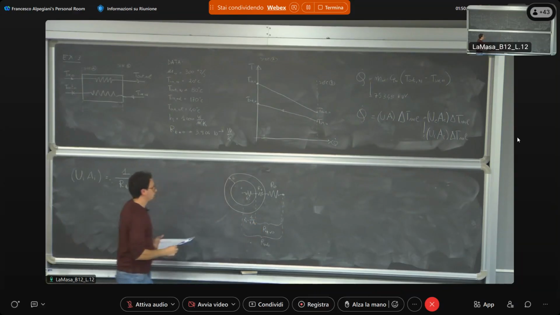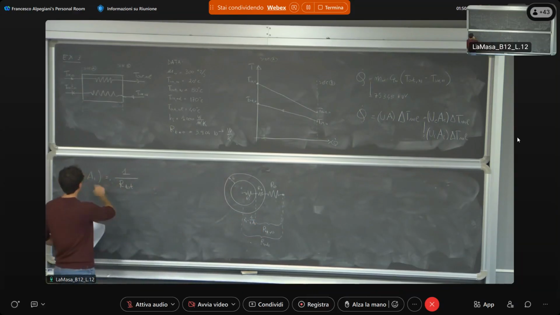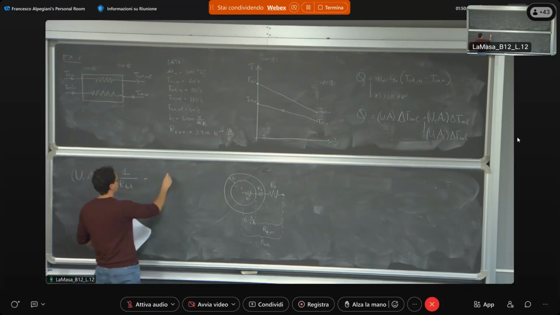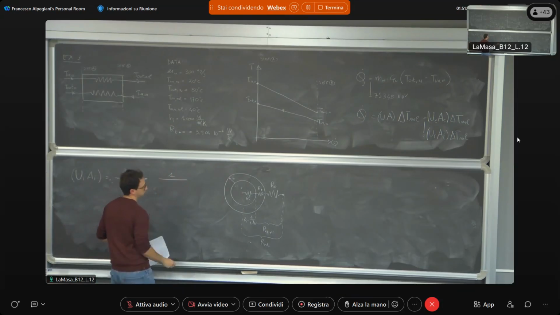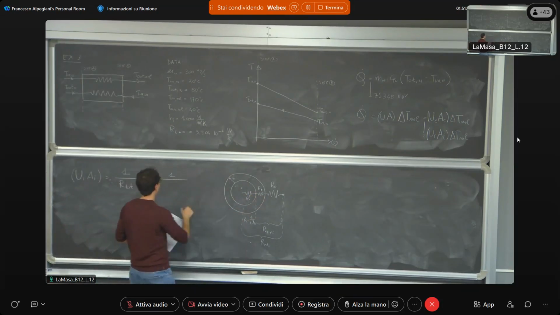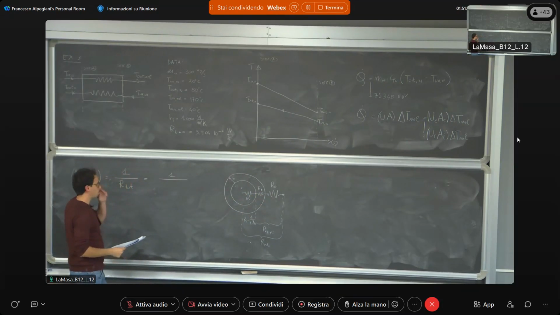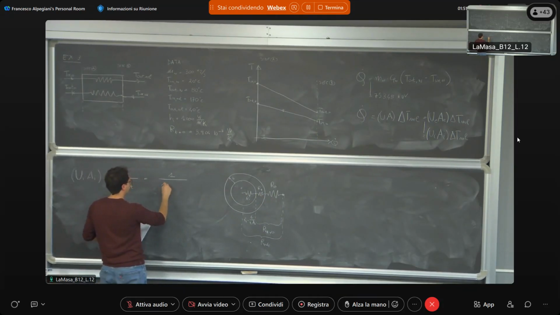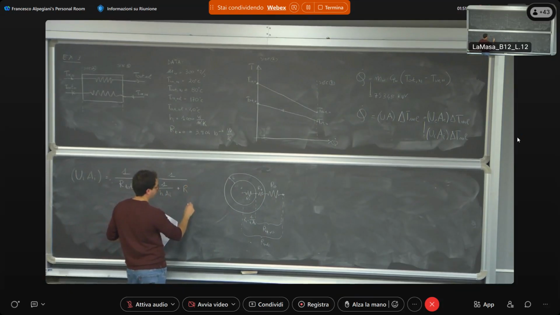So, since Ui times Ai is equal to the inverse of the total resistance, we can write that this is equal to 1 divided by, these are resistances in series, 1 divided by hi times Ai plus Rt plus o. Okay?